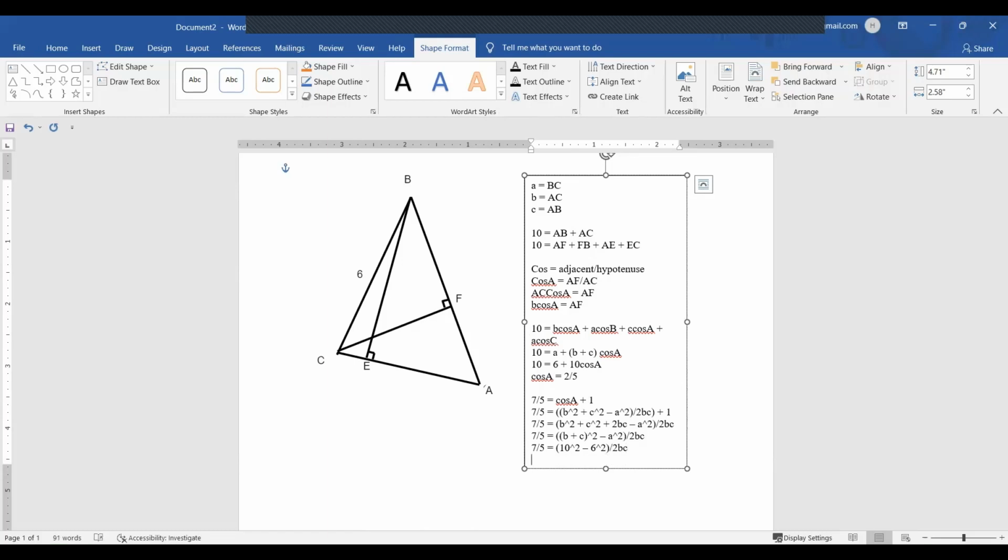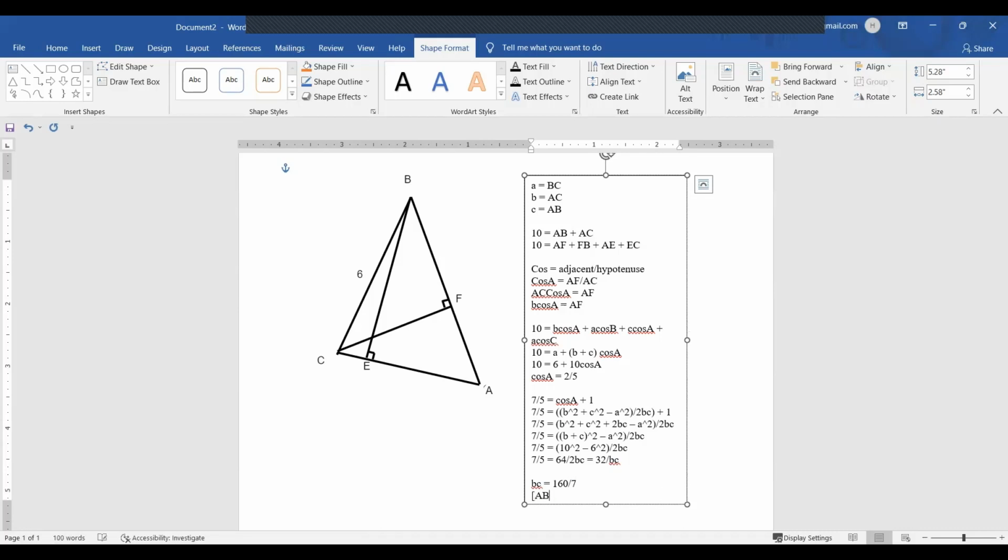And so we can say that 7/5 is equal to 64 over 2BC, which is just 32 over BC. And so now we're in the home stretch. From here we can calculate that BC is equal to 160 over 7.